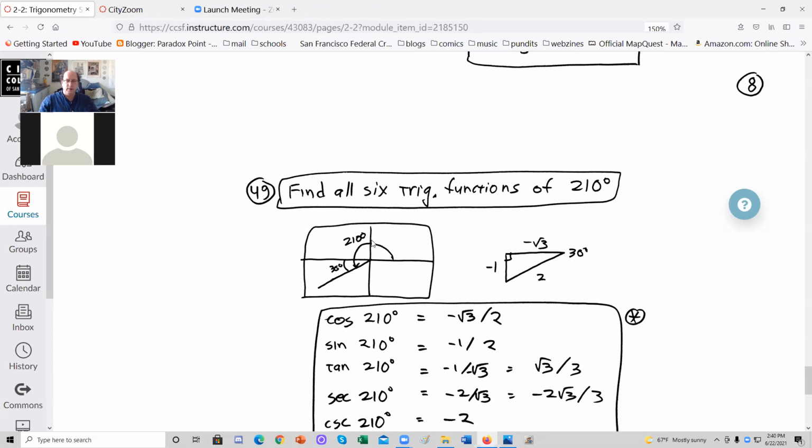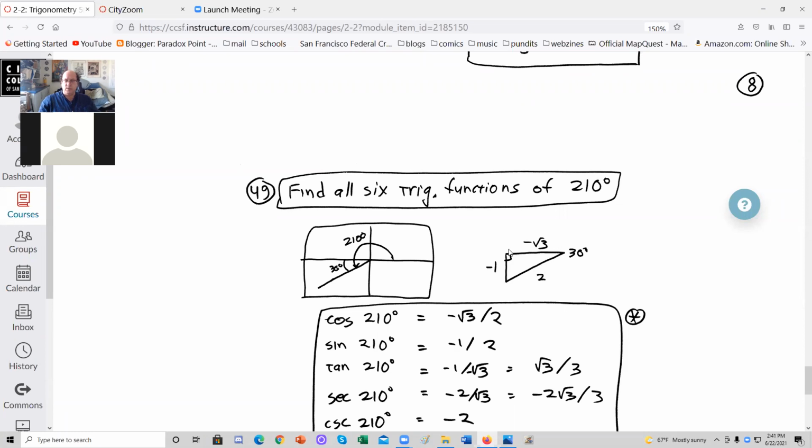Here they ask for all 6 trig functions of 210 degrees. Now, 210 degrees is 180 plus 30. So we have a 30-degree angle like this. So let's draw a 30, 60, 90 triangle like this with the 30-degree angle here. Diagonal is 2, far side is -1 because it's downwards in the third quadrant.